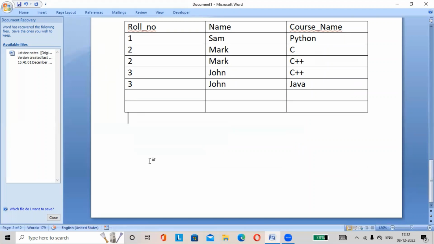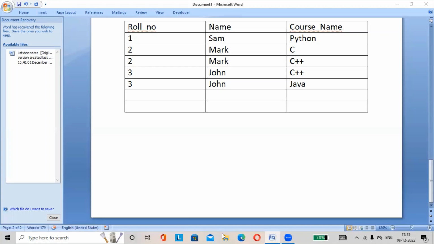What are the rules of first normal form? Rule number 1: each column must store atomic values. Second, a column must contain values that are of the same data type. Rule 3: each column must have a unique column name.